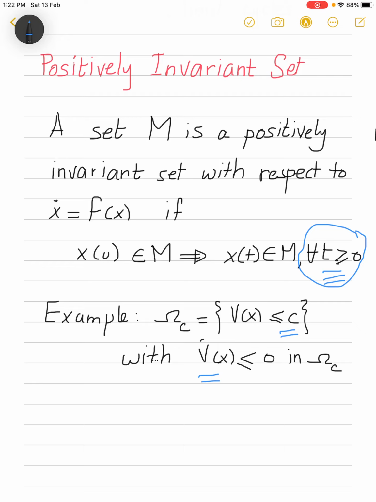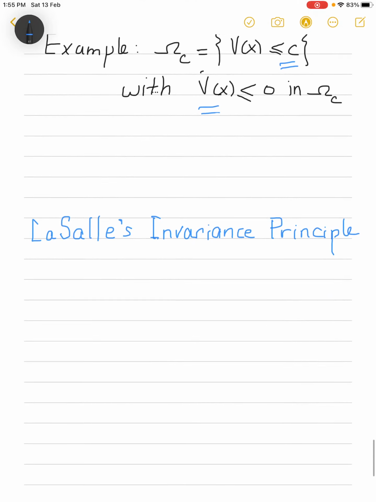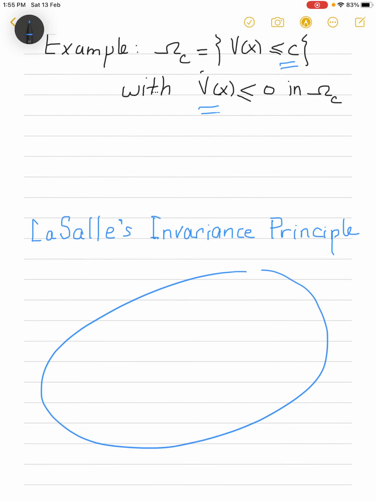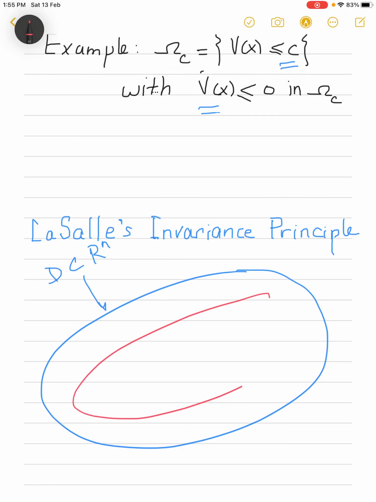there afterwards. Now I'm going to introduce LaSalle's invariance principle, and I'm going to follow the presentation by Hassan Khalil in his book Nonlinear Control, chapter 3. So we start by assuming a domain. I'm going to call that domain D, and it is a subdomain of the real space of dimension n. So we select within that domain a compact set. We call that omega.